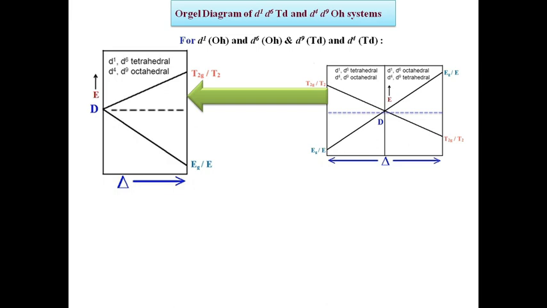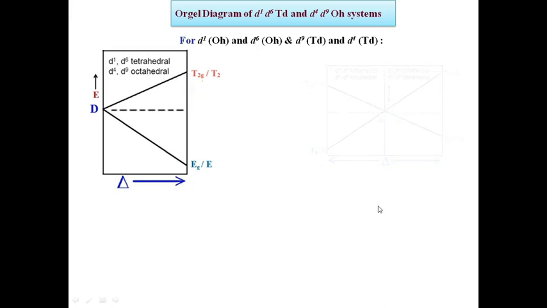As shown here, we only draw the left hand side part from the standard Orgel diagram but inverted or flipped horizontally. Of course, there may be other conventions, and other parts are the same as the previous slide.